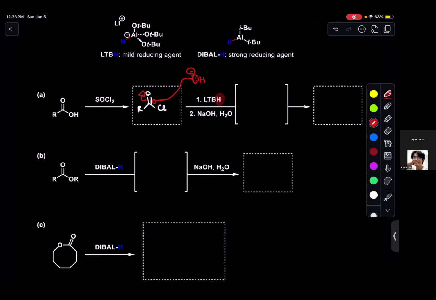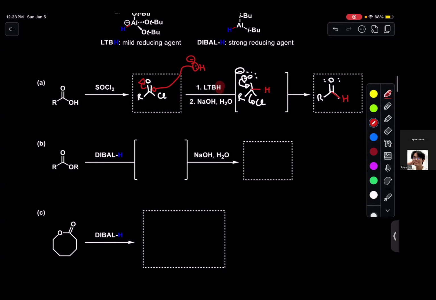We get an intermediate, so that oxygen is going to be charged, you get a Cl sitting here on its own, and the H, the hydride, coming down here. Then this lone pair is going to come down and slam back down, the Cl is going to pop off, and you end up with your end product over here. It's going to be an aldehyde, from LTBH.